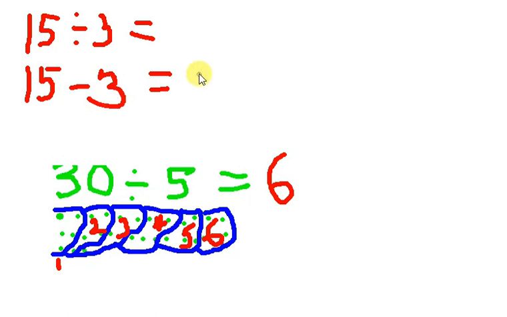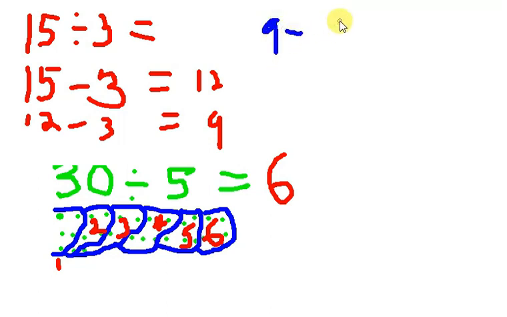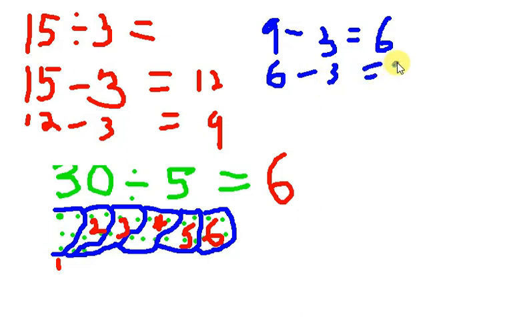So 15 minus 3, we get 12. Continue the process. We bring 12 here, right? So 12 minus 3, we are left with 9. Good. Now 9 comes into the operation, so we have 9 minus 3, and we have 6. 6 comes to the operation, 6 minus 3, and we have 3.